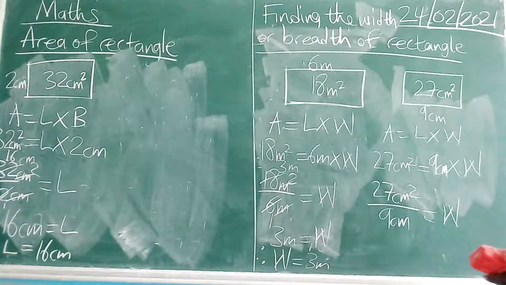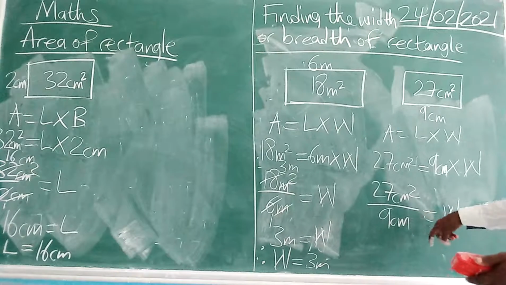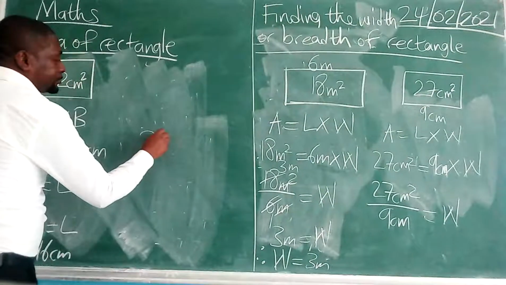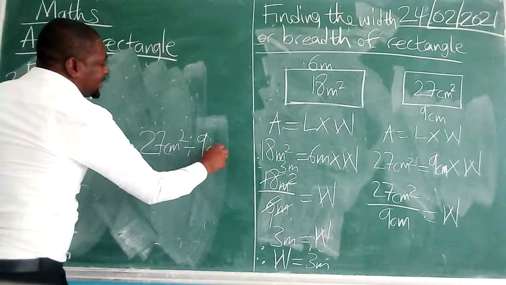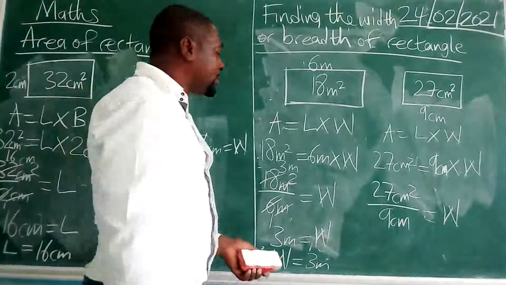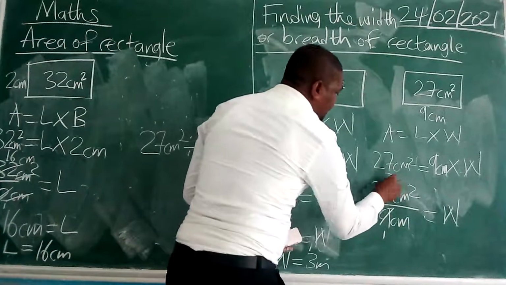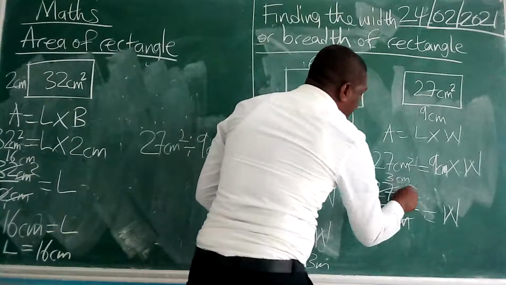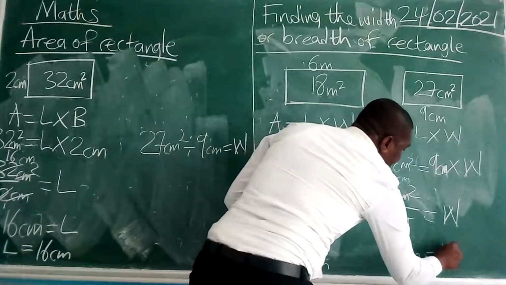And I told you earlier that if you don't want to write it this way, like the way I've written on the board, you can write 27 centimeters square divided by 9 centimeters equals W. You can write it that way. So now let's continue. 9 goes into 27 three times. So this centimeters here cancels, and we get only 1 here. So we get 3 centimeters equals W.